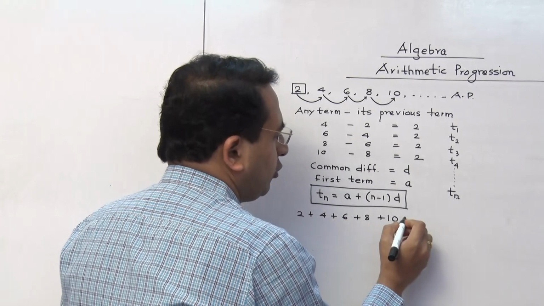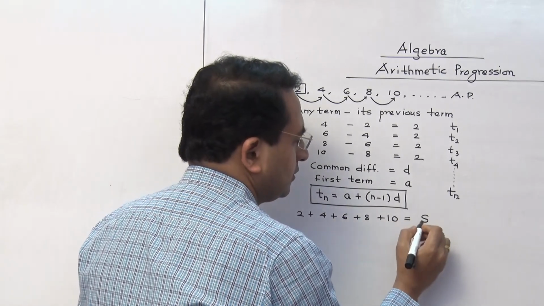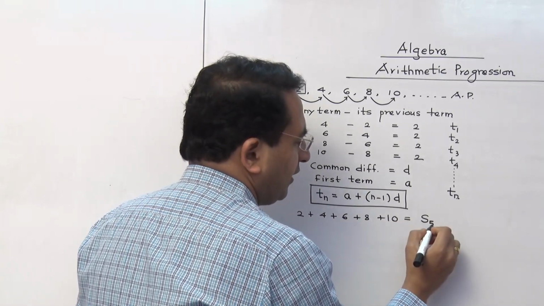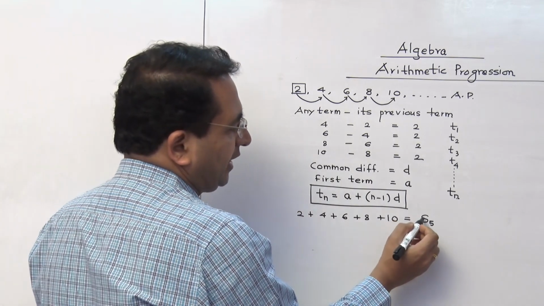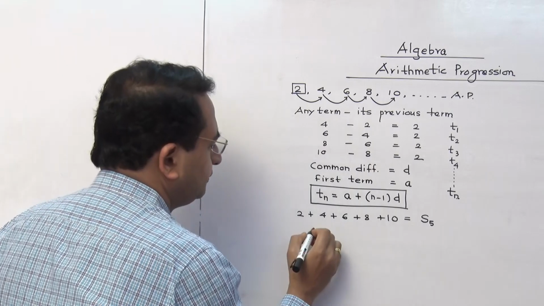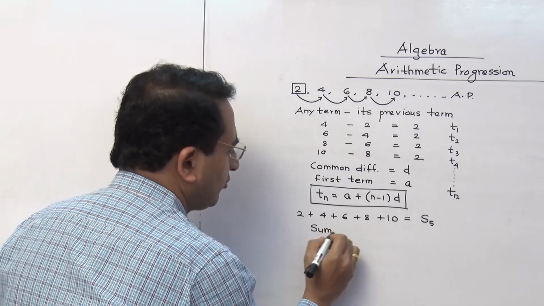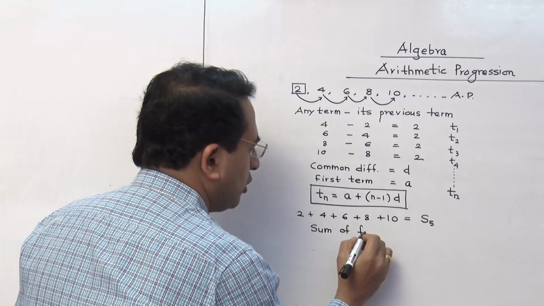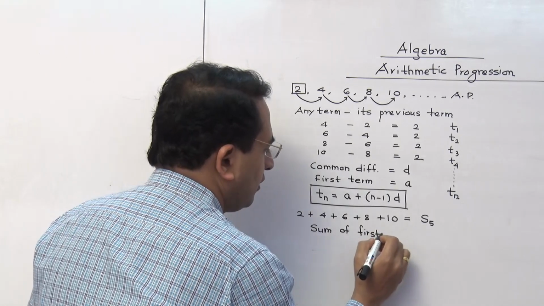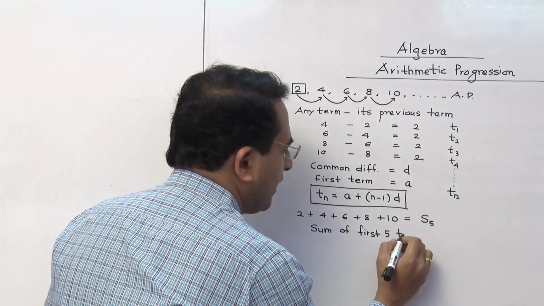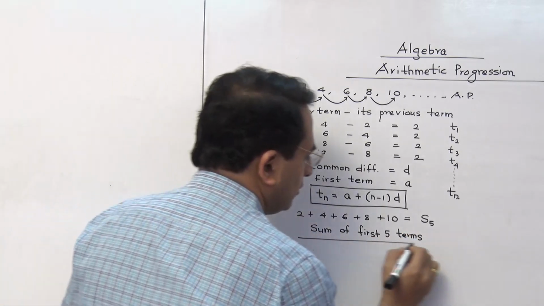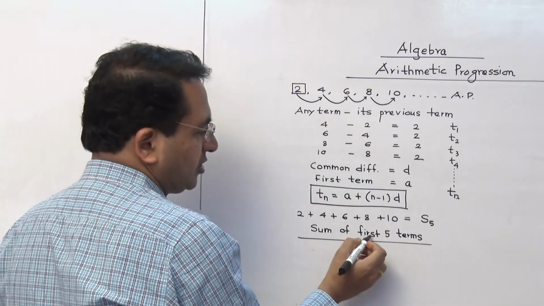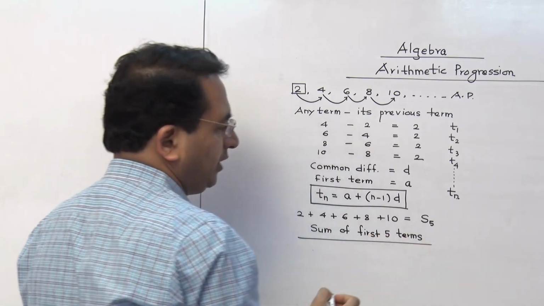And that is why we call it S, and here we write 5. That means we are taking a sum of, it is always written like this, sum of first 5 terms. It is the sum of first 5 terms of an AP.